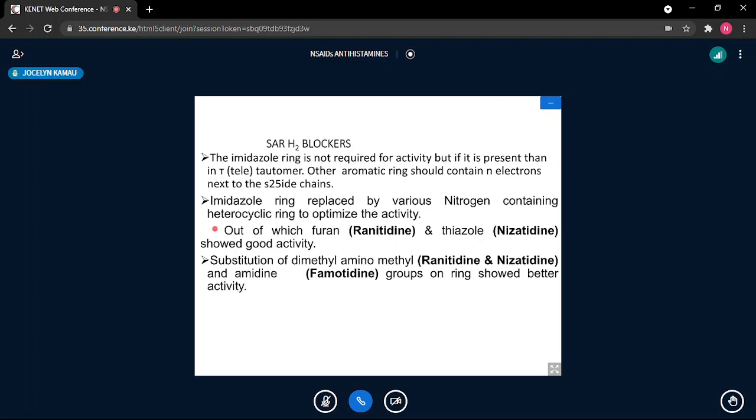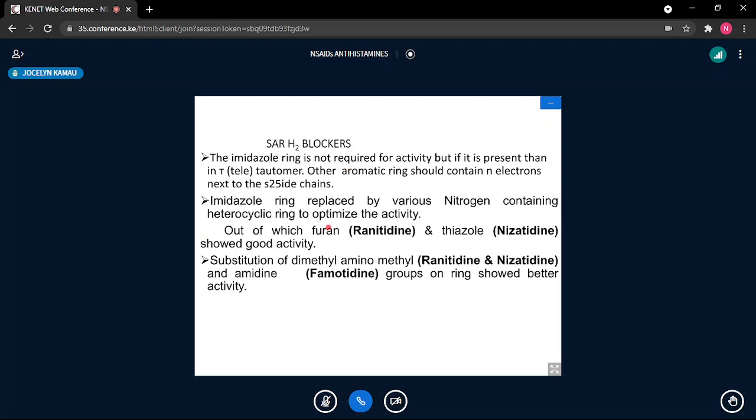So the imidazole is not required for activity, but if it is present, then it must be the tele tautomer that is in existence. Other aromatic rings should contain N or pi electrons next to the side chains for H2 blockade.